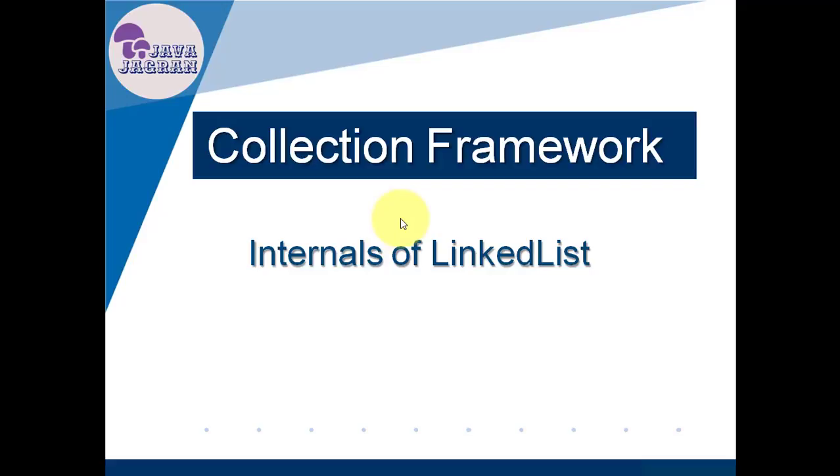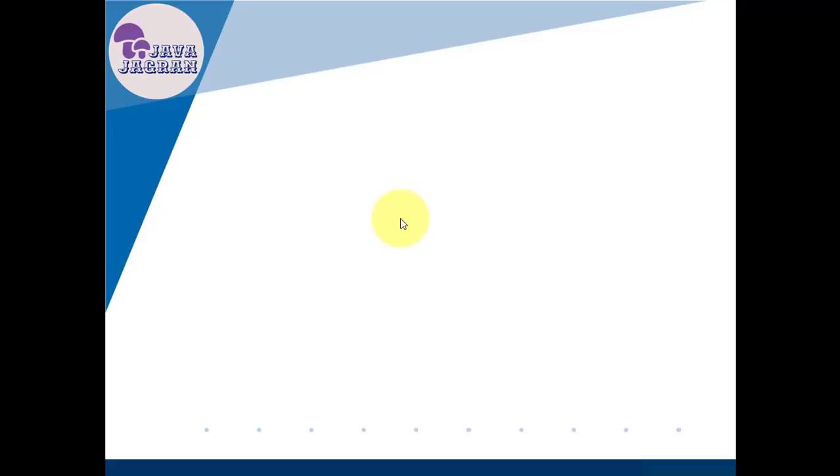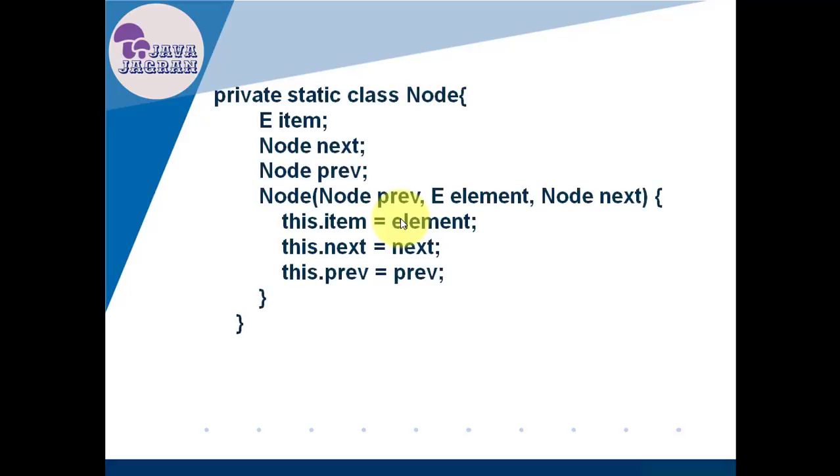If we go and see internally, it has one class called Node. Internally, it creates one inner class inside the linked list with the name Node, and it is used to store all the data. It has one Object class element called item. Whatever data you put into the linked list is stored in the item.